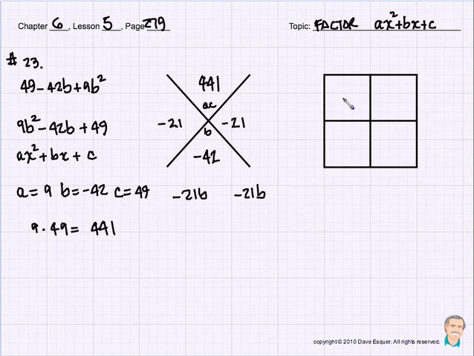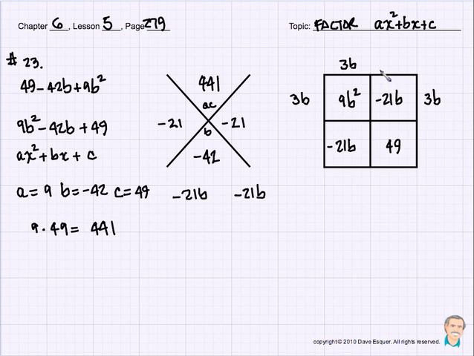So let's go into our box and place the things we need to. Upper left, we're going to put in 9b squared. Lower right, we're going to put in the 49, and minus 21b and minus 21b go in the upper right and lower left boxes. 9b squared turns out to be 3b and 3b as the two sides.